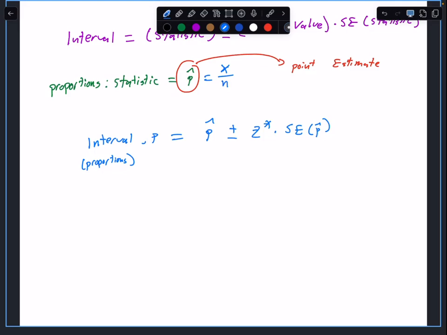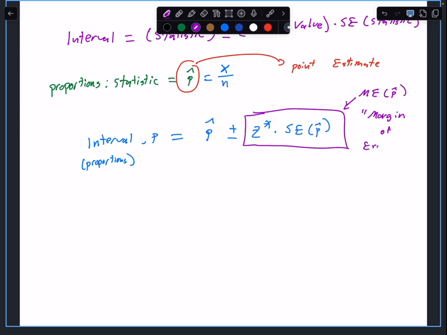So this is how we do a plus, we do a minus, but there's a couple of things I want you to know. One of the things that's important to note is that the standard error, when we multiply by the critical value, is what is known as the margin of error of p hat.